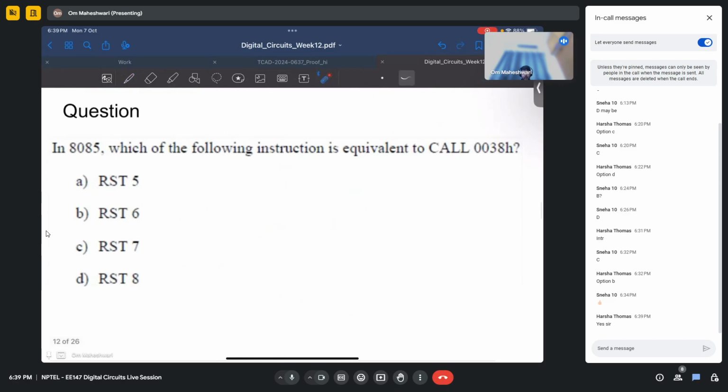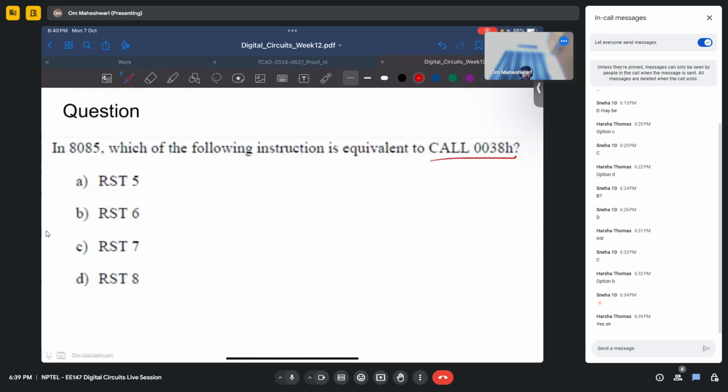Which of the following instructions is equivalent to call 0038H? What does this call statement do?